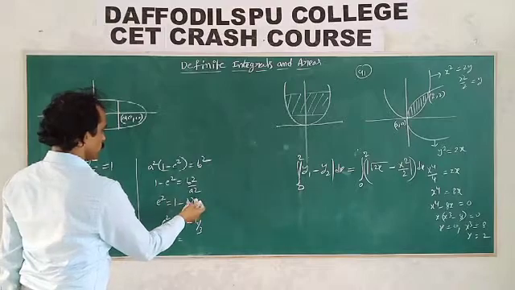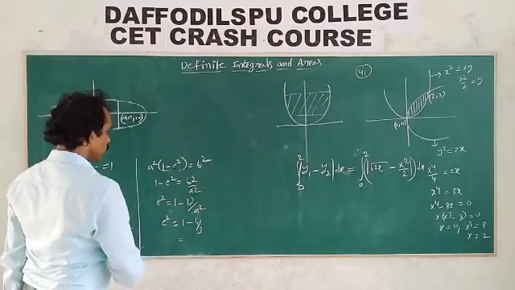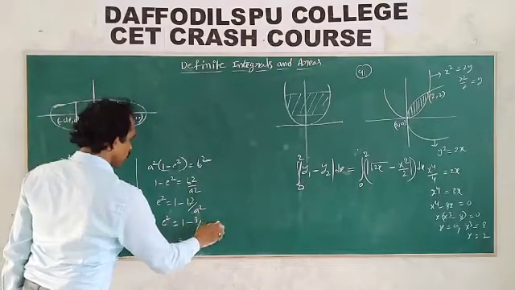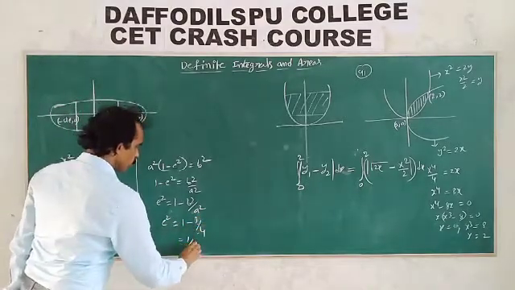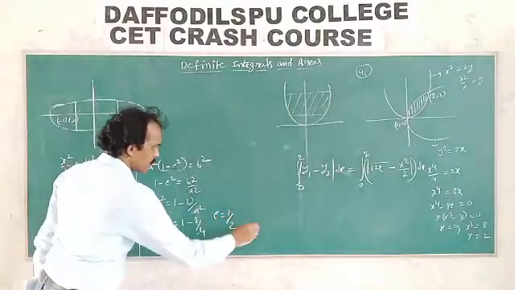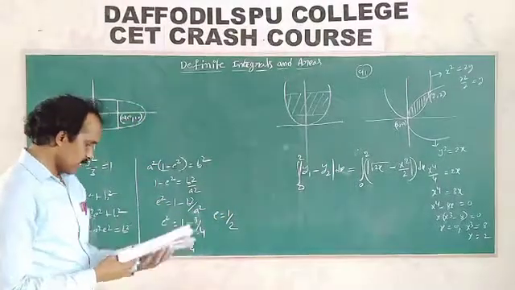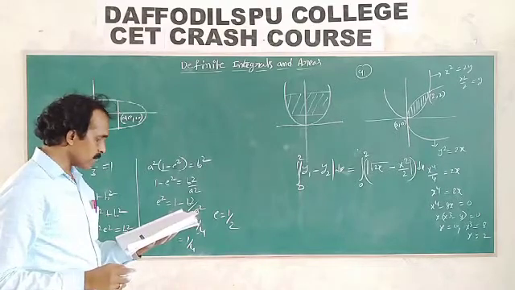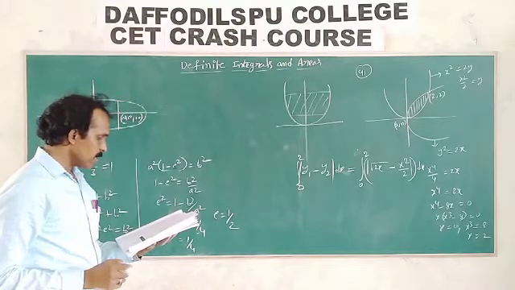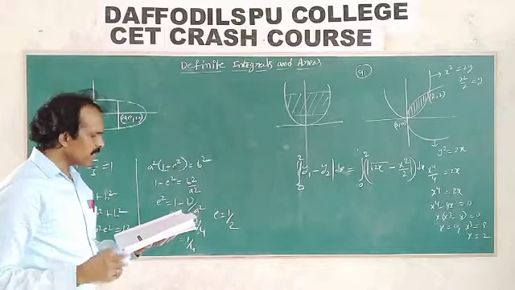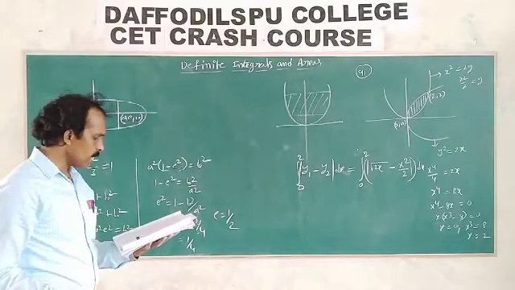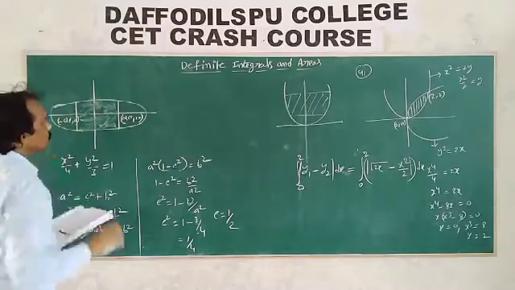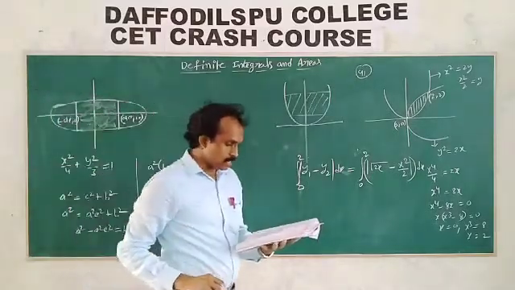So, b square value is 3, a square is 4. So, 1 by 4. So, e is equal to 1 by 2. So, what do they ask? They ask for the area of the region containing the origin and bounded by the ellipse and its latus rectum. So, this is the area to find.